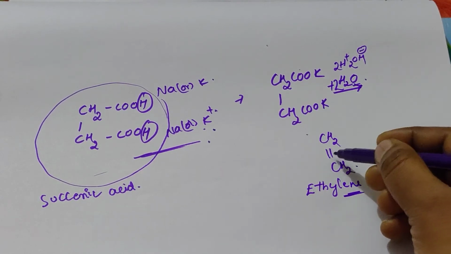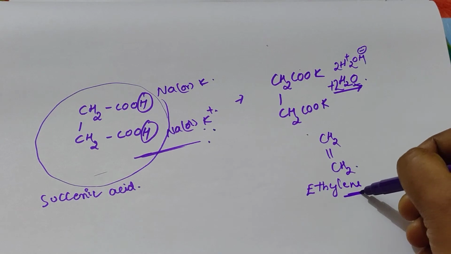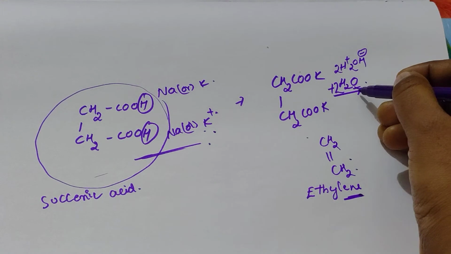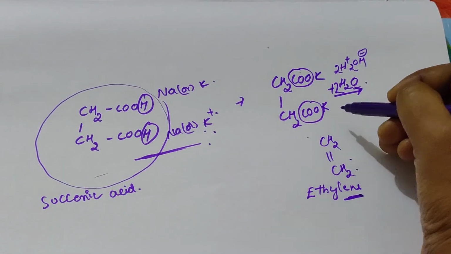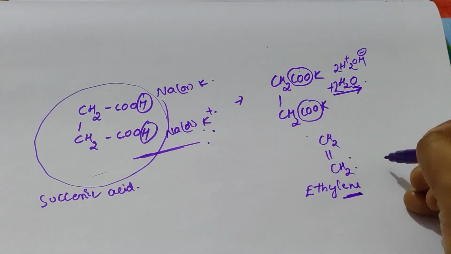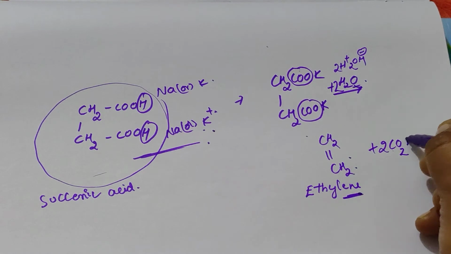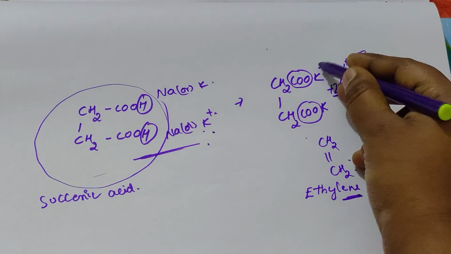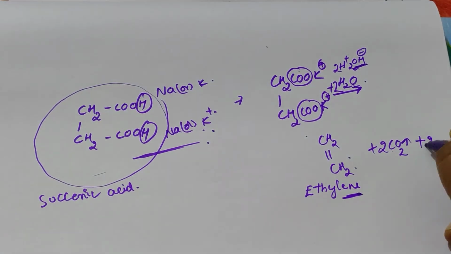Because ene means a double bond between the two carbon atoms, it is ethylene. How is ethylene produced? In the reaction, the two CO2 molecules in between are removed and carbon dioxide gas is evolved, and the potassium atoms combine with 2 OH minus ions to produce potassium hydroxide.